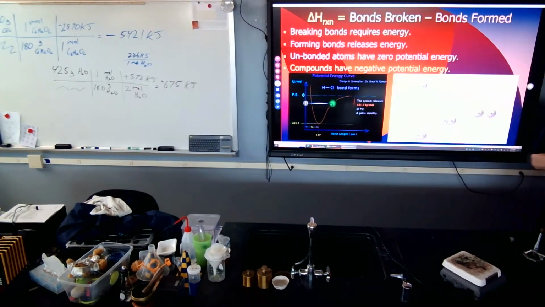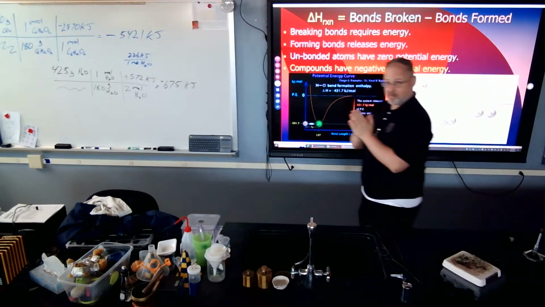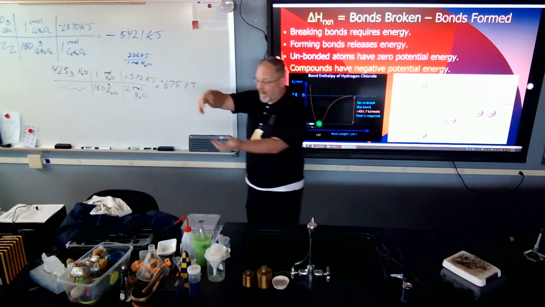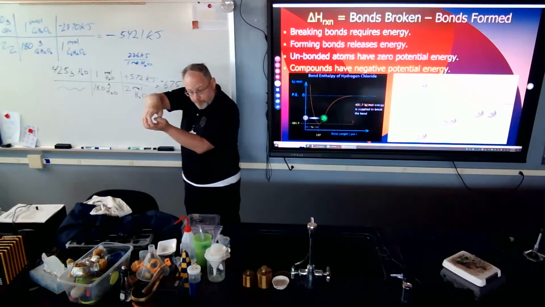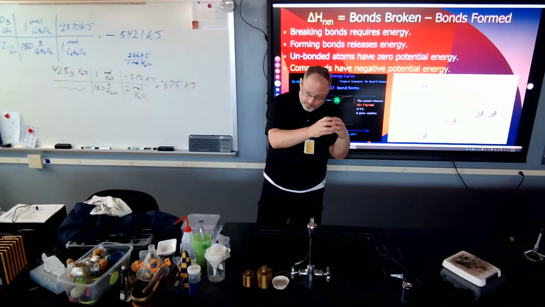The thing that allows them to get to a low potential energy state is when the electrons of this atom are attracted to the nucleus of this atom, and the electrons of this atom are attracted to the nucleus of this atom.